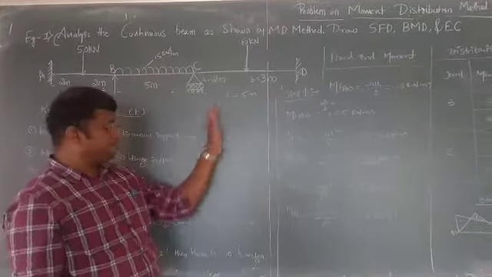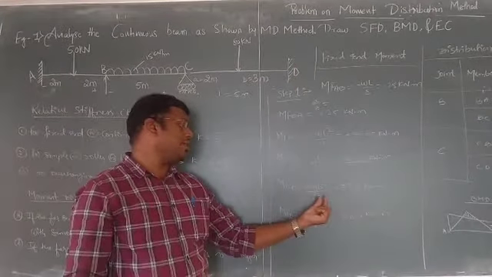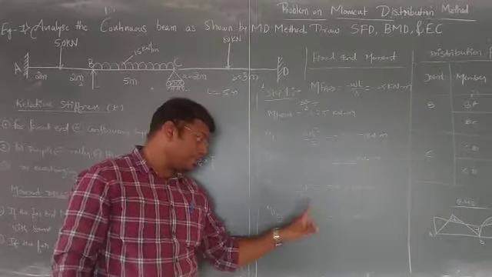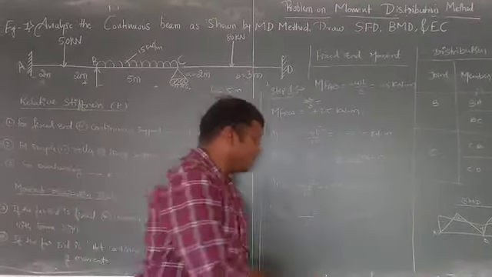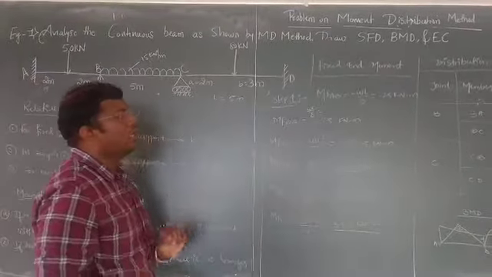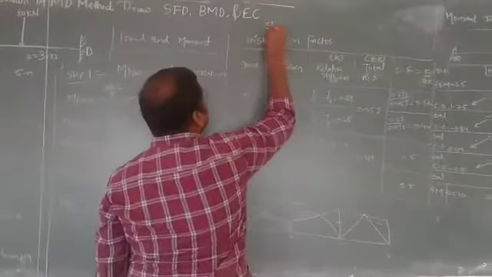Now coming to DC, we calculate the fixed end moment at D. The formula will be W a square b by L square, and in this case it is plus. If you solve this, you will get 38.4. It is the fixed end moment at D. Now the second step in this moment distribution method, it is step 2.